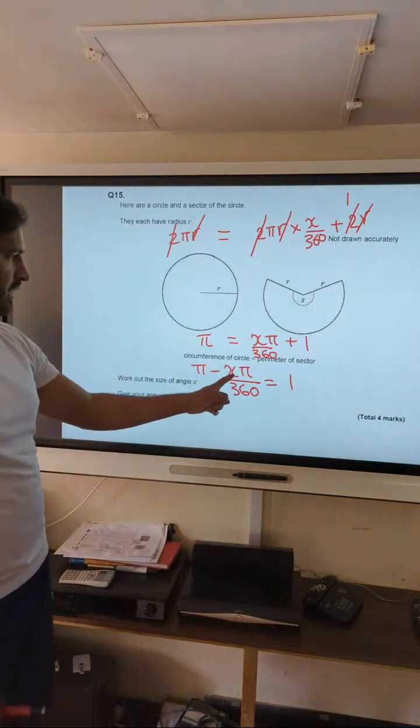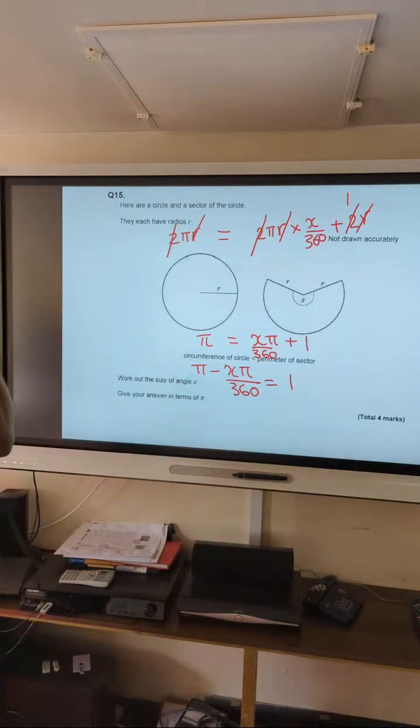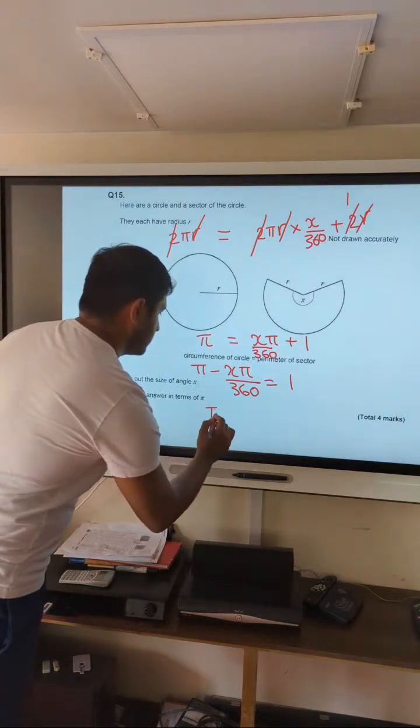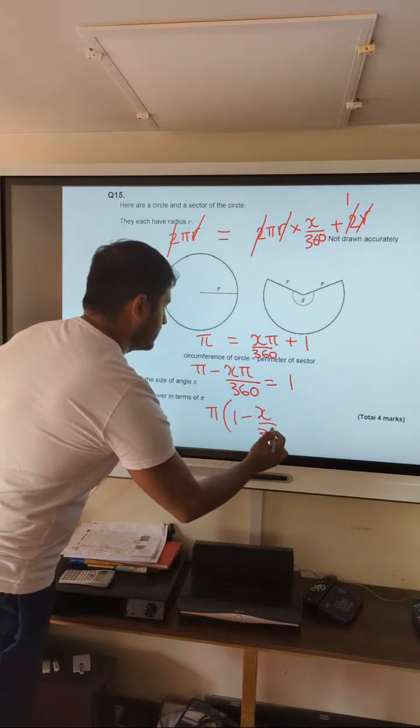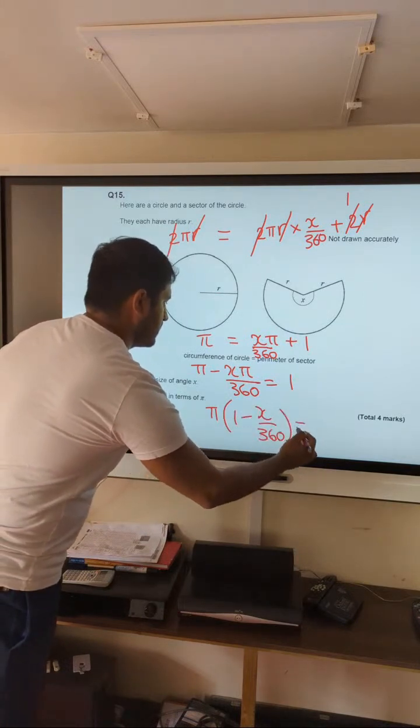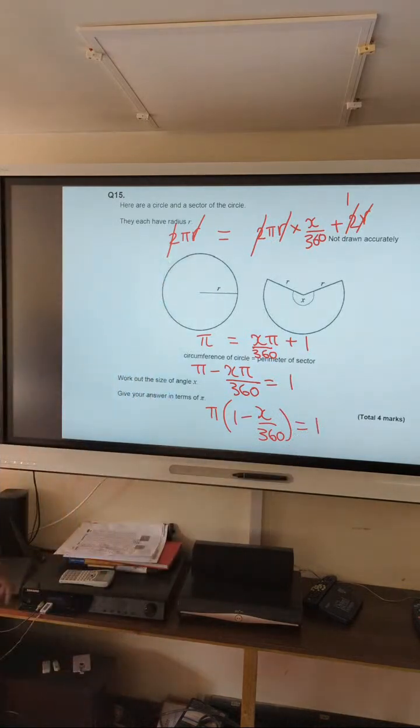So when I do that, I can factorize pi out in a way. Then I get 1 minus x over 360 equal to 1. Wait a second, I'm looking for that one part that I'm missing here.